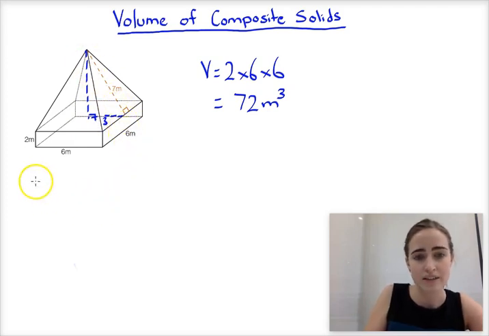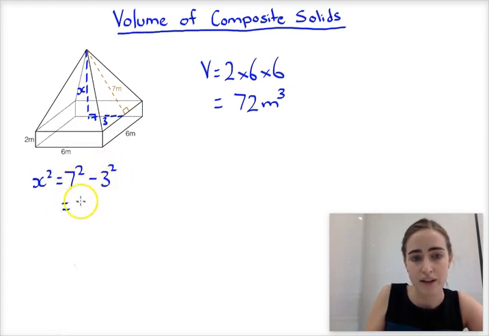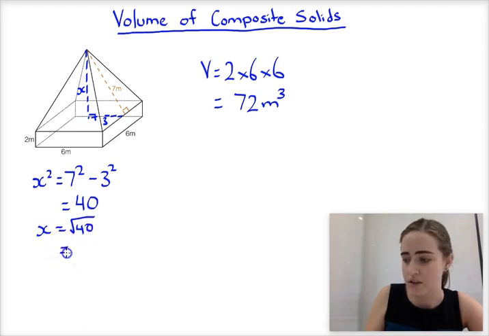So using Pythagoras' theorem, if we call this side x, then x squared would be equal to 7 squared, which was our hypotenuse squared, minus that 3 squared, which would give us 49 minus 9, which is 40. And then x is going to be equal to the square root of 40, which is about 6.324, and it keeps going.